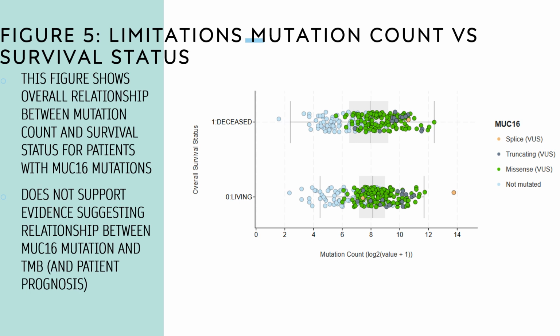Unfortunately, if you look at the living versus deceased versus the mutation count, there's not much evidence to support that higher mutation count correlates to a better prognosis for living. And in fact, the deceased have a lot wider range, and the medians are almost exactly the same. So in the grand scheme of this melanoma study, the tumor mutation count does not directly correlate to better prognosis for these patients.